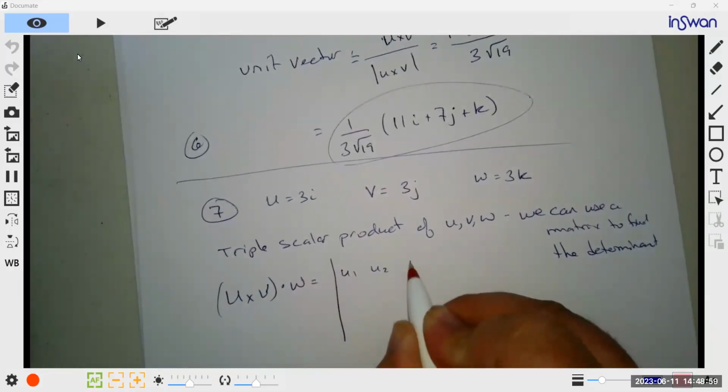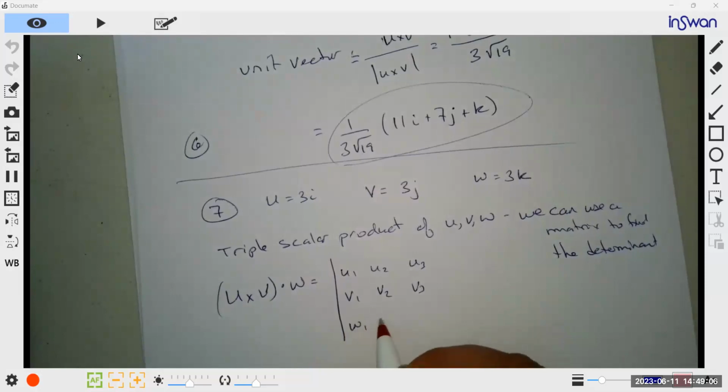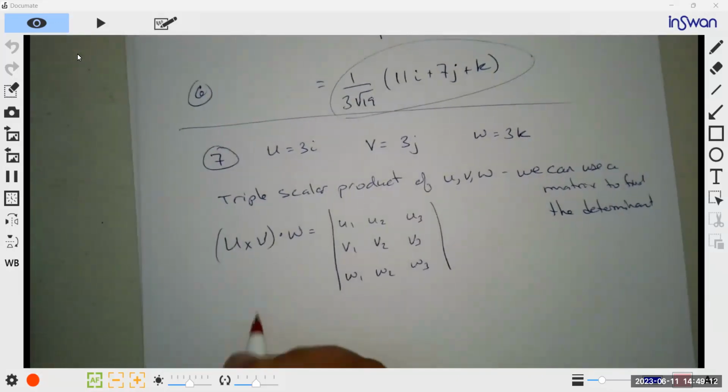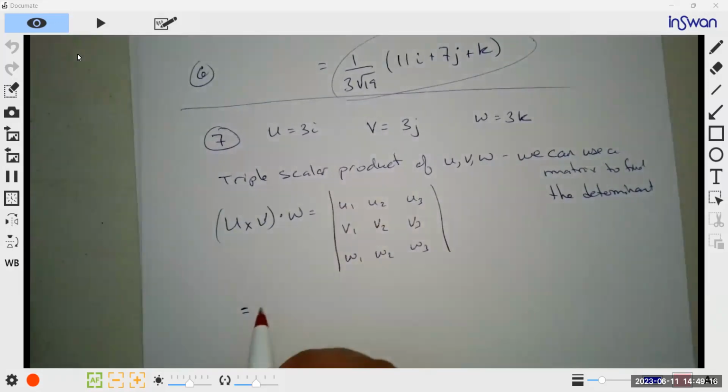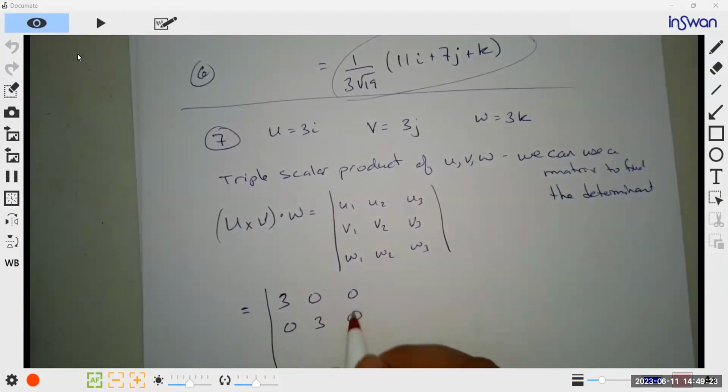U1, U2, U3, V1, V2, V3, W1, W2, W3. So we have 3, 0, 0, 0, 3, 0, 0, 0, 3.